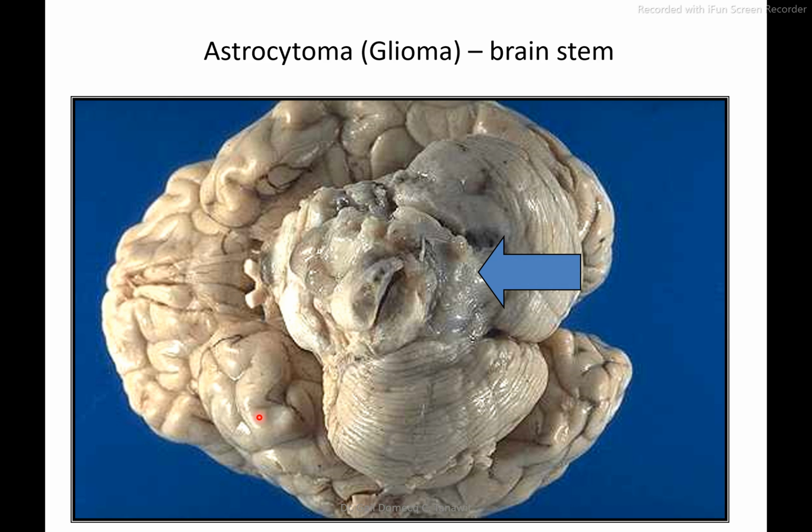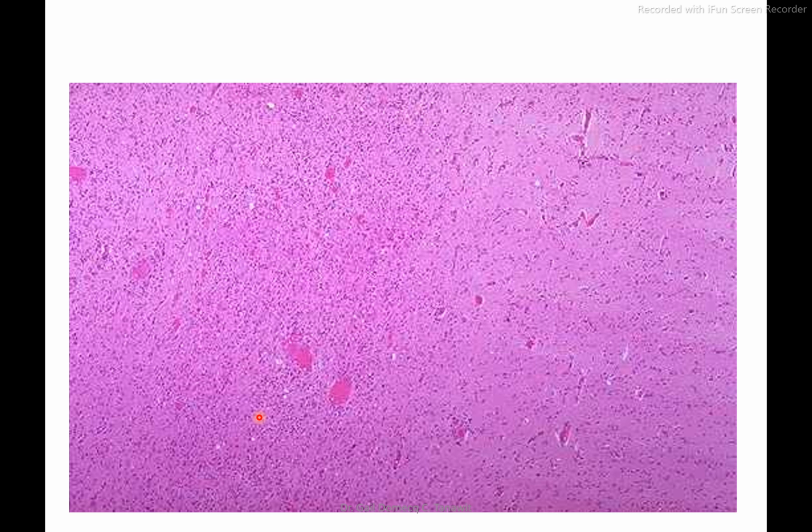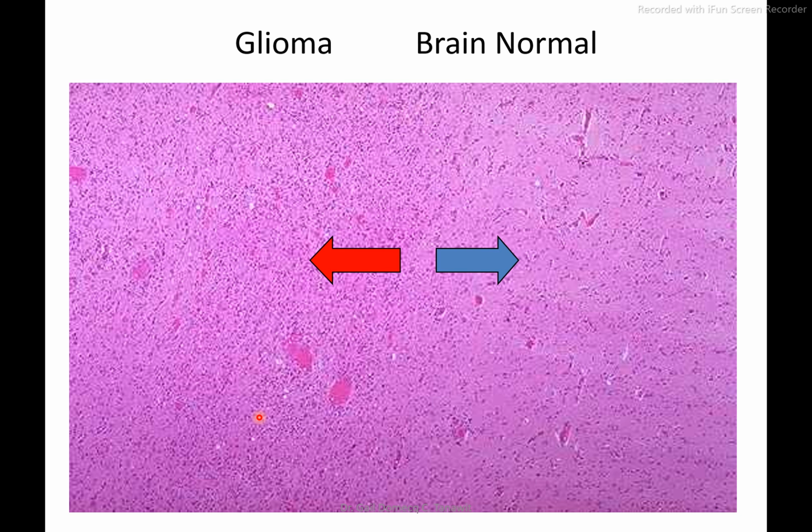Where is it? There. So this is a microscopic view of the astrocytoma becoming hypercellular, eosinophilic. This is the brain. On the left would be the lesional side. On the right would be the normal brain.